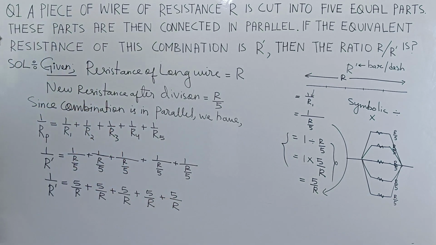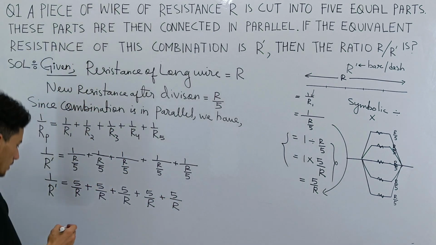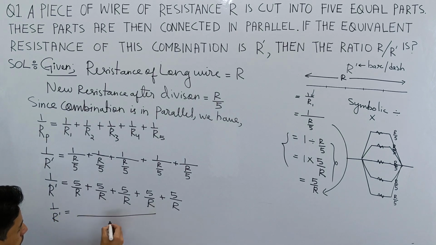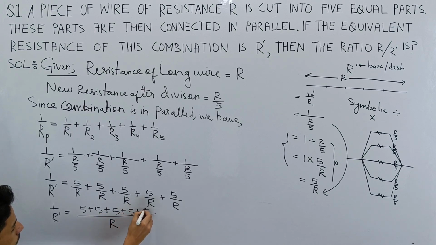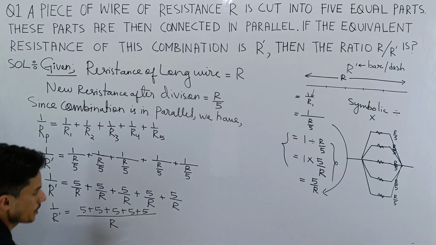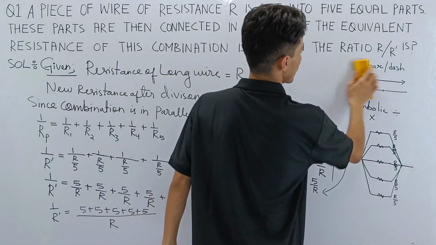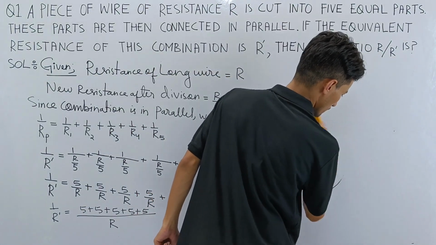Then what we do is we take the LCM. So 1 by LCM will give you R, and here you're getting 5 plus 5 plus 5 plus 5. What will we get? Now let me erase this, I'm running out of space.